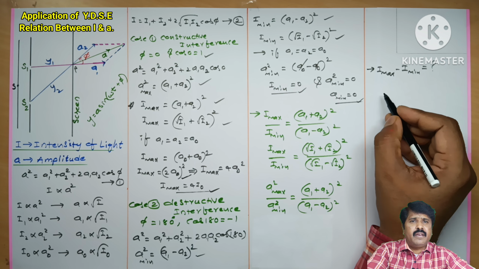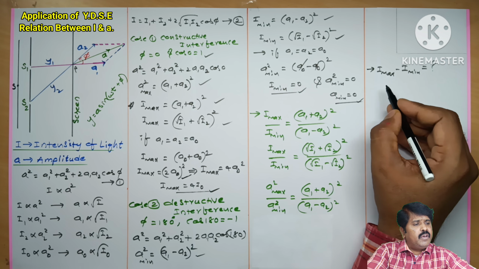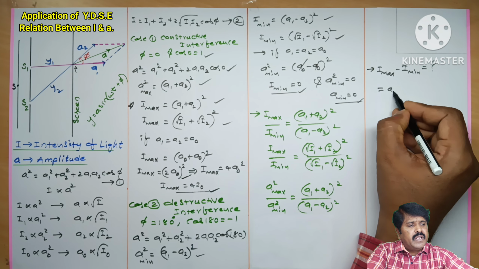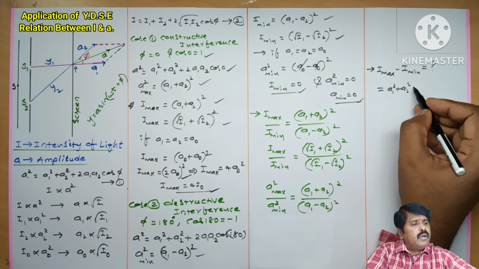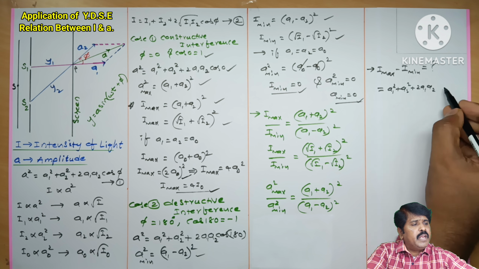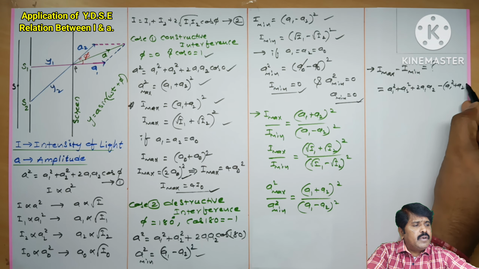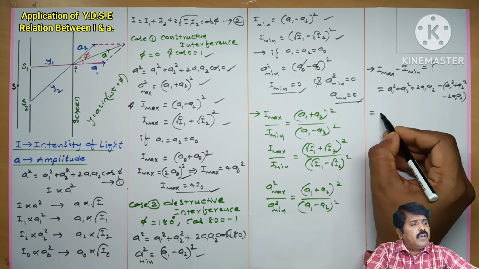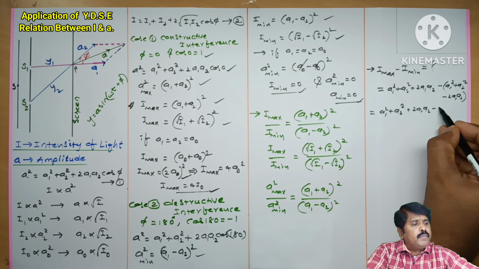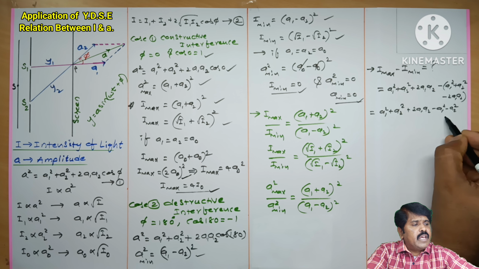For this, I max is a1 square plus a2 square plus 2a1 a2, and for minimum intensity, minus (a1 square plus a2 square minus 2a1 a2), that is a1 square plus a2 square plus 2a1 a2 minus a1 square minus a2 square plus 2a1 a2.